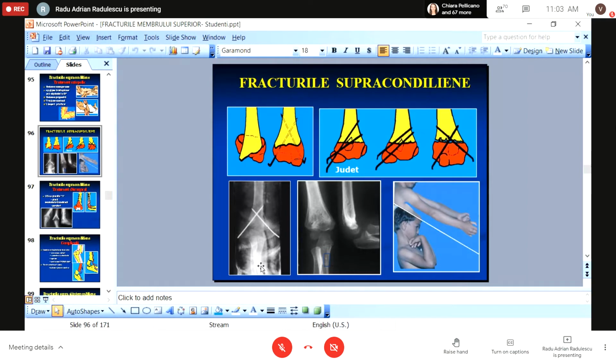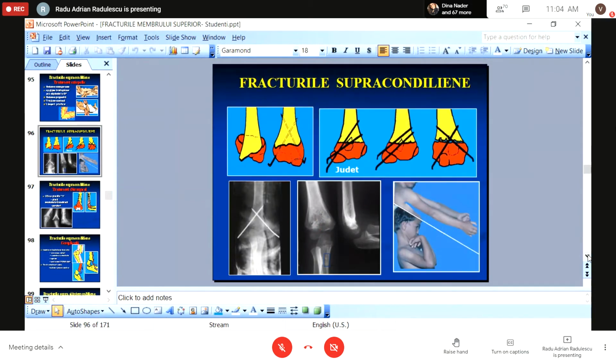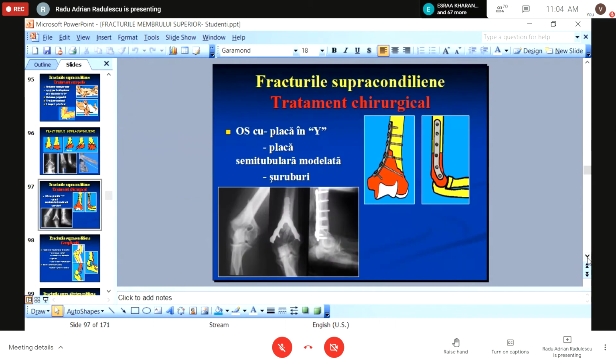So here is an X-ray after such maneuvers. We introduce these two K wires, and after that we can release this hyperflexion of the elbow to a 90 degrees position, a position that we usually prefer to immobilize the elbow. This will provide the stabilization of the fracture site and will not allow the secondary displacement of the fracture.